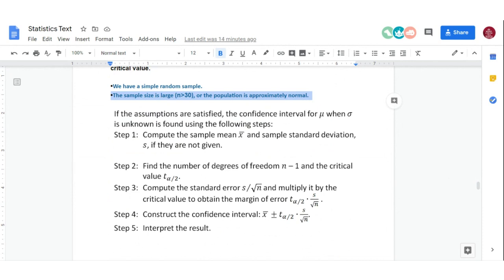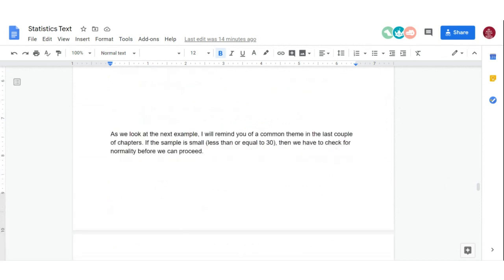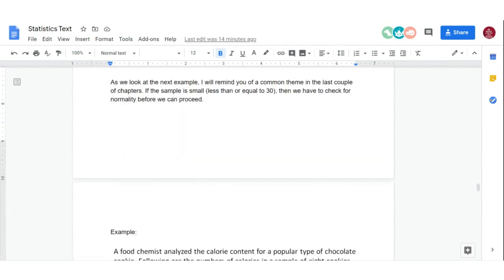Then you multiply it by the critical value from the t-table, and everything after that's the same. You just add and subtract. So let's look at this example. Just to remind you, one of the common themes in 6 and 7 is that if the sample is small, less than or equal to 30, then we have to check for normality before we proceed. So keep that in mind.